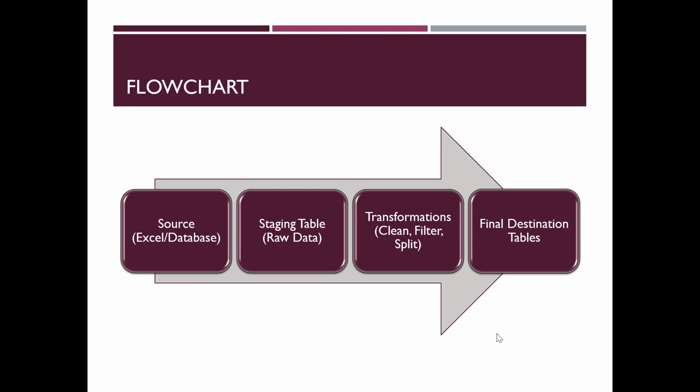Then transform is where we apply business rules like filtering, formatting, lookups, data type conversion, and more. And the last and important thing is load. Load is when we insert the clean validated data into destination systems like a data warehouse. SSIS is a powerful Microsoft tool to build these pipelines visually.